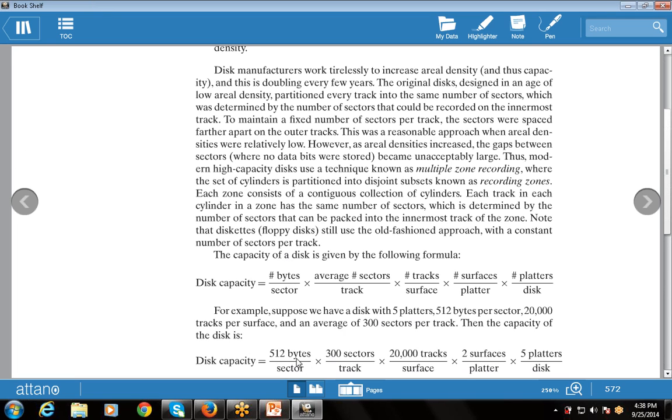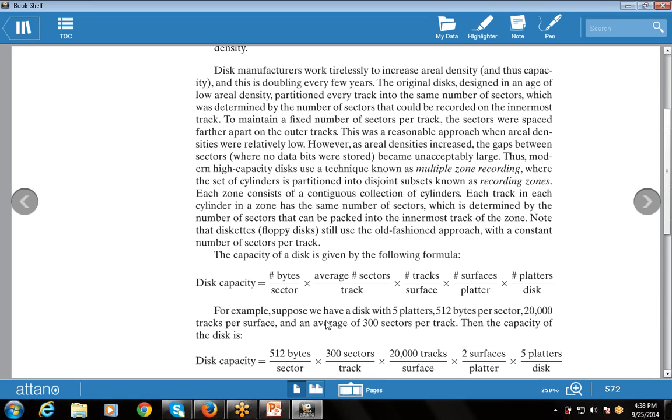The number of bytes equals 512. This is the number of bytes. Then the average number of sectors, that is 300. Then the number of tracks, 20,000 tracks per surface. Then the number of surfaces, this is 2 surfaces.